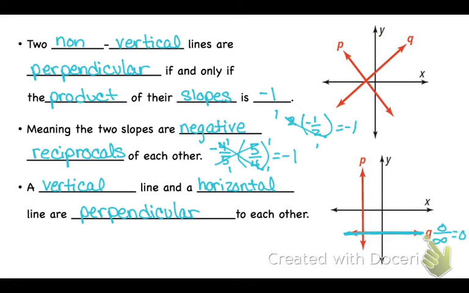This one, though, is infinity over 0. Can I divide by 0? No. So the slope here would be undefined. If I multiply something that's undefined by anything, it's undefined. So when we have a vertical line and a horizontal line, their product isn't -1.